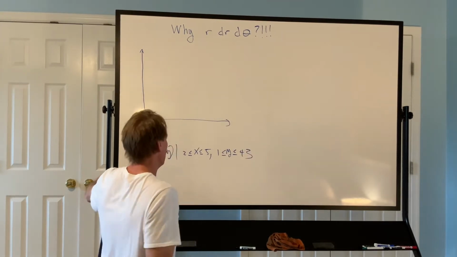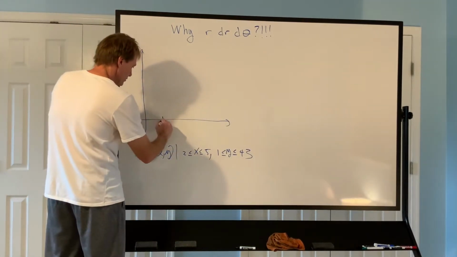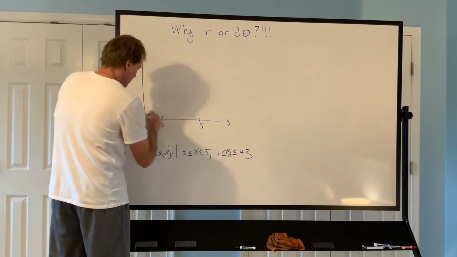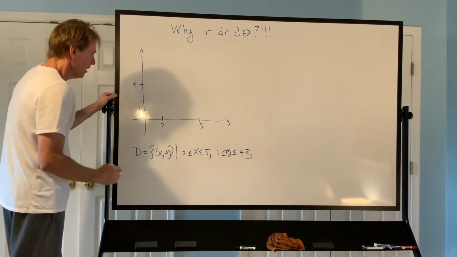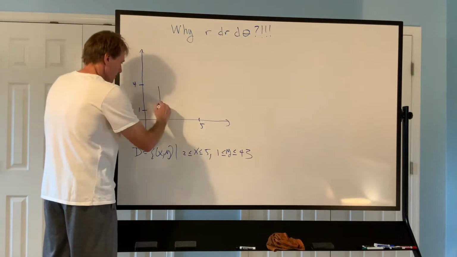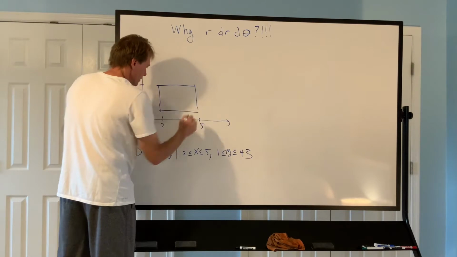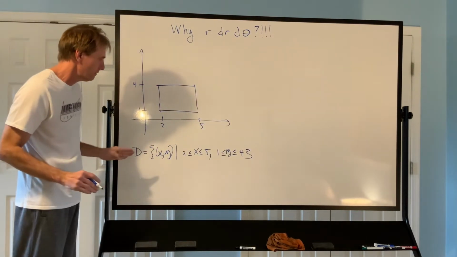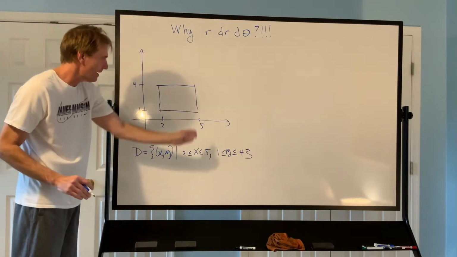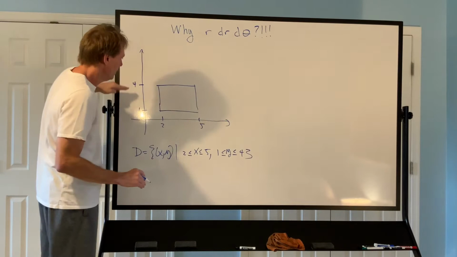If we're thinking about graphing this thing, here's 2, here's 5, here's 1, here's 4. And what we get is, if we look at x equals 2, run that coordinate curve, x equals 5, run that coordinate curve, y equals 1, run that coordinate curve, y equals 4.